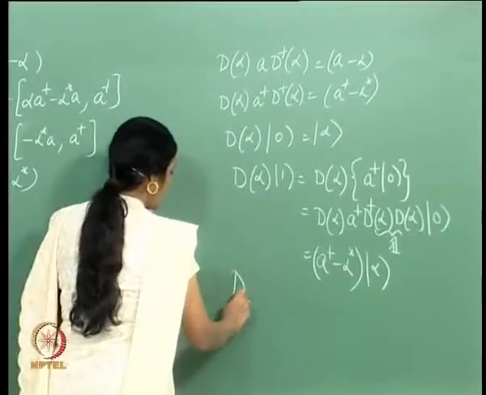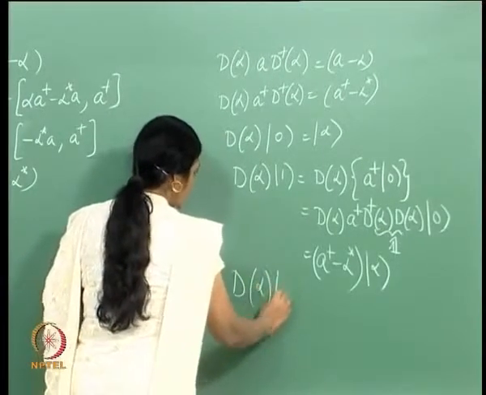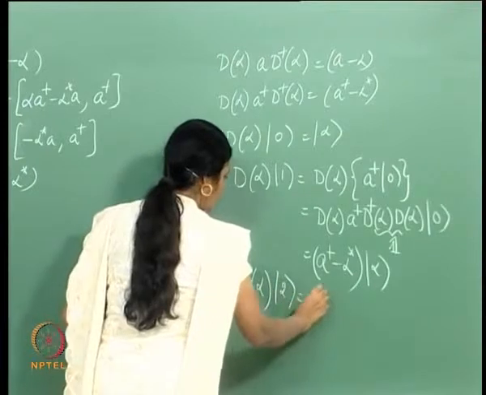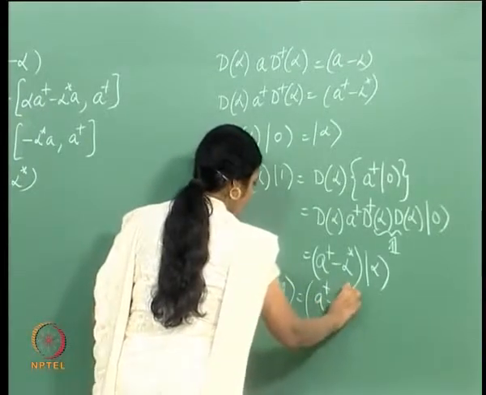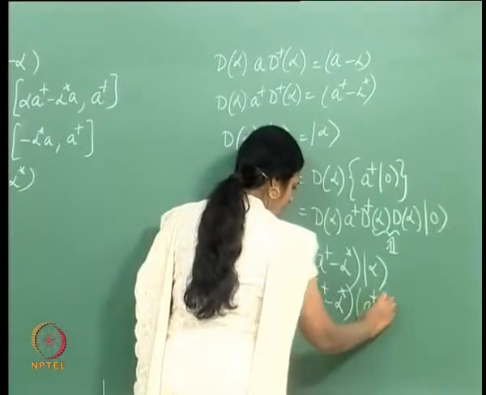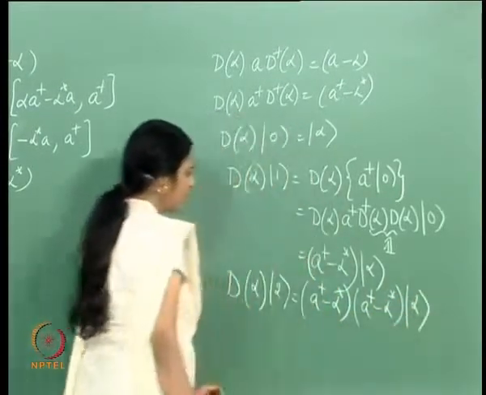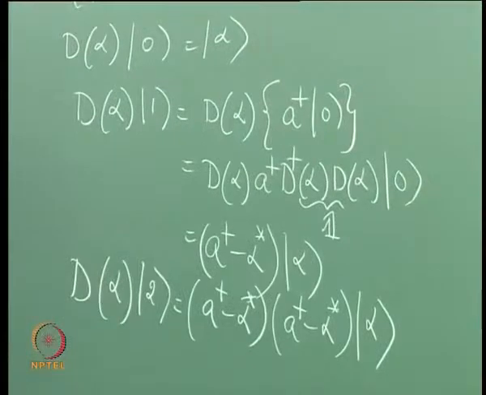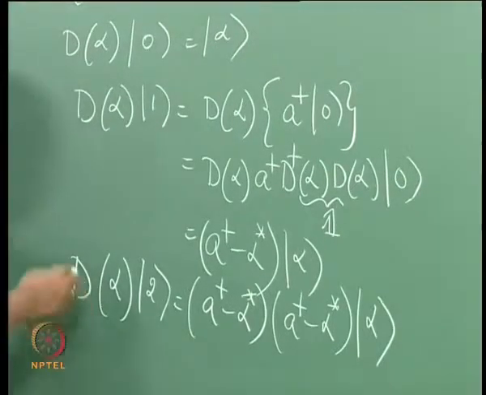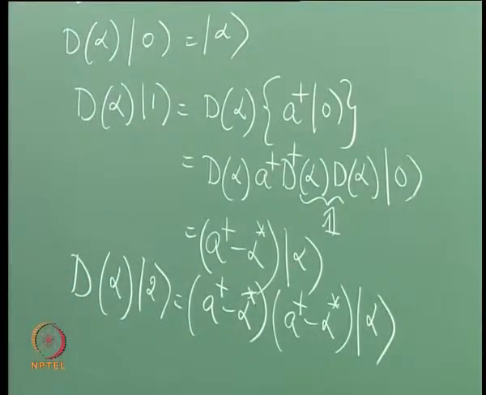So basically D of alpha on ket 2 is A dagger minus alpha star, again an A dagger minus alpha star on alpha. This gives me a very interesting picture.